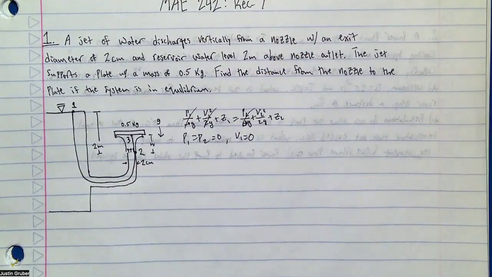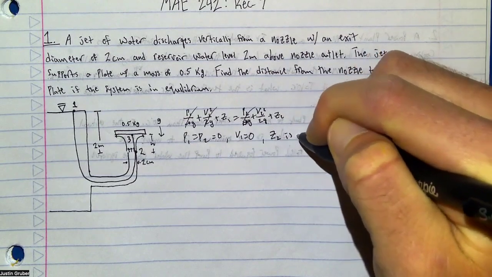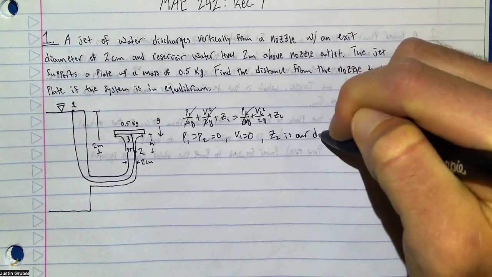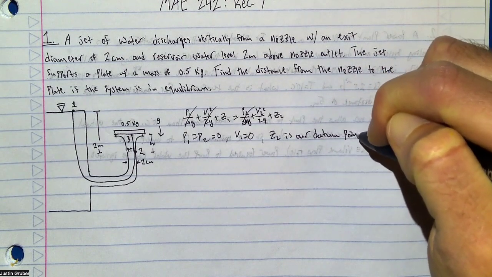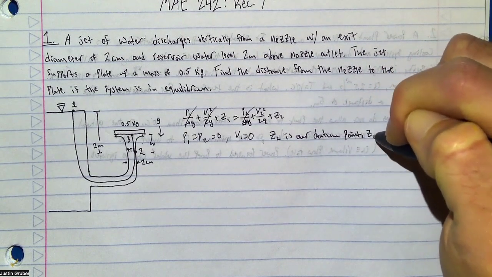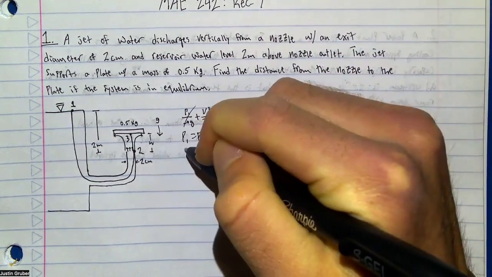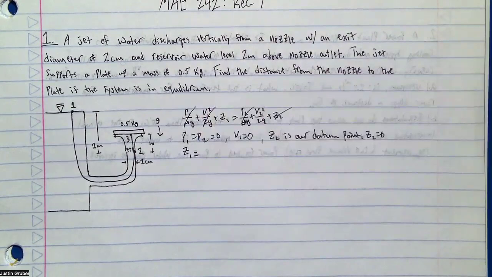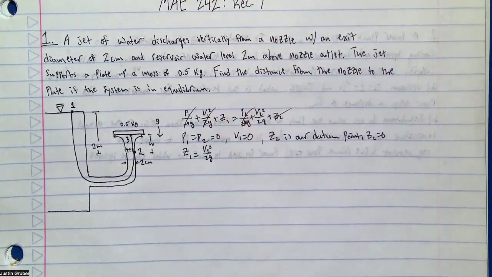So that'll go away. And you can also say Z2 is our datum point, so we can say Z2 equals zero. So that goes away. So now all we have is Z1 equals V2 squared over 2g. Pretty easy little relation.